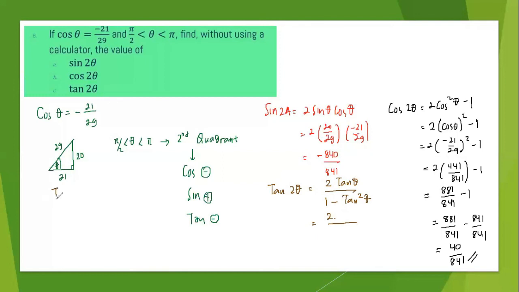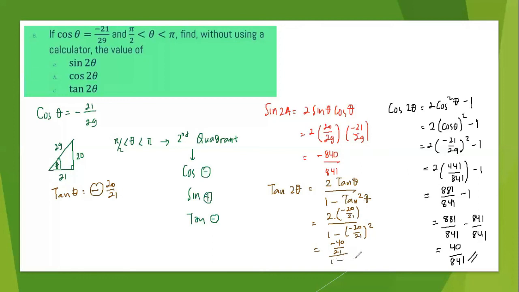Tangent theta is negative 20 over 21. Negative, right? Yes, sir. 2 times, open the bracket, minus 20 over 21, over 1 minus 20 over 21 squared. Is it? Minus 40 over 21.